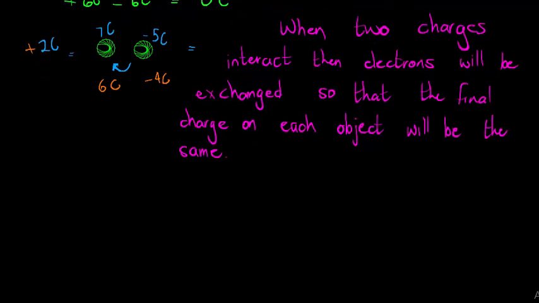Okay, so what do we mean by that? Well, if I were to take two objects, here's my object 1, and here's my object 2. These two have two different charges. Let's say this one has a charge of S coulombs, and this one has a charge of T coulombs.